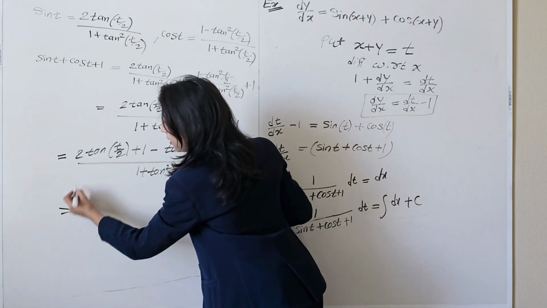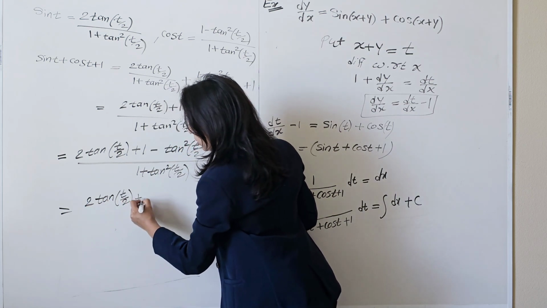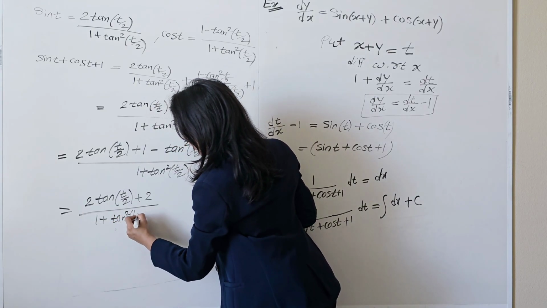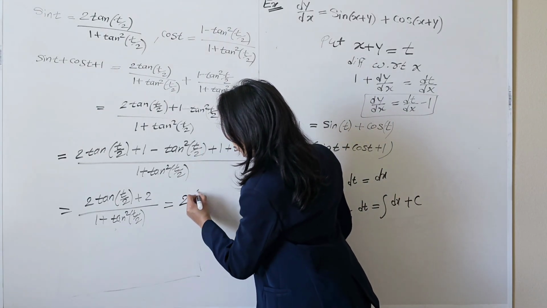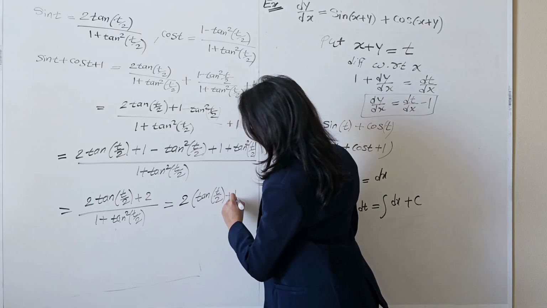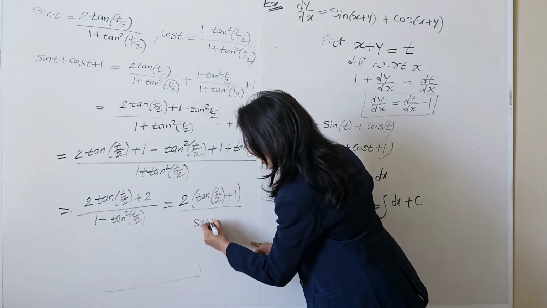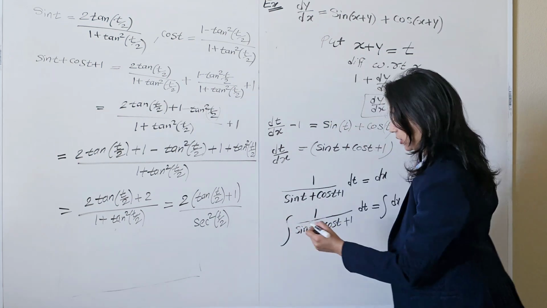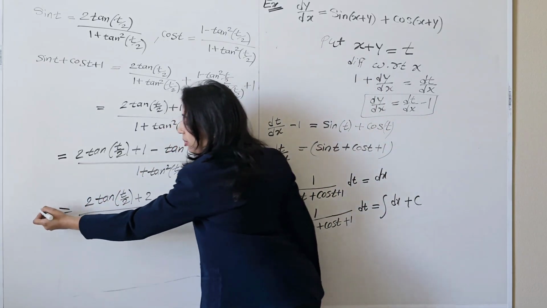So the remaining term is 2 tan(t/2) plus 2 divided by 1 plus tan²(t/2). From this numerator we can take 2 common, so the remaining is tan(t/2) plus 1 divided by 1 plus tan²(t/2). 1 plus tan square we can write as sec²(t/2). Now we put this in the integration, where 1 upon sin t plus cos t plus 1.